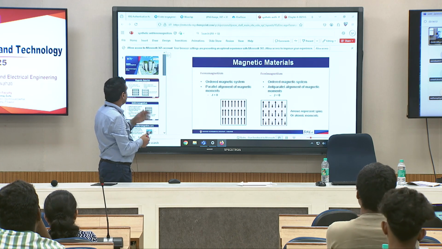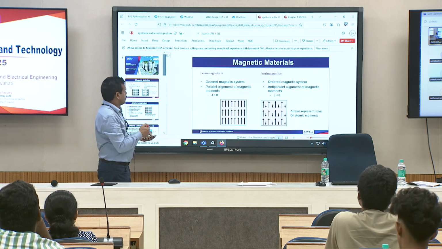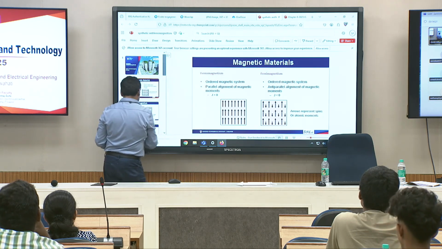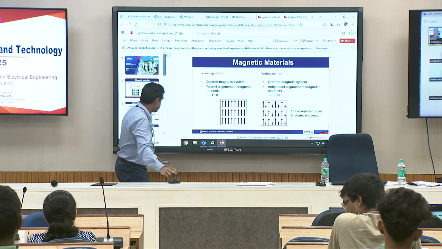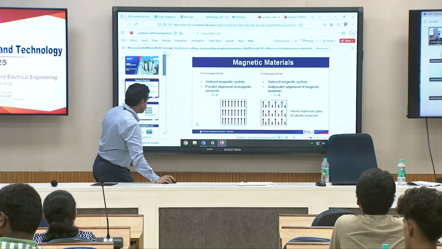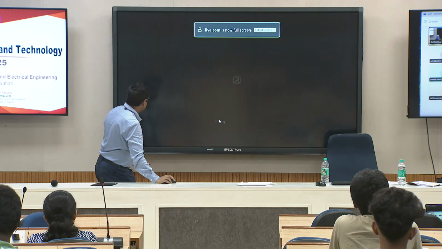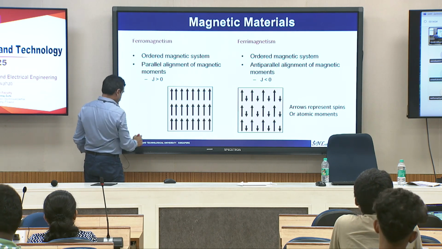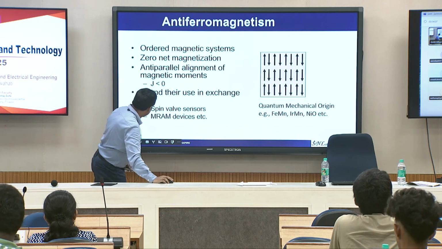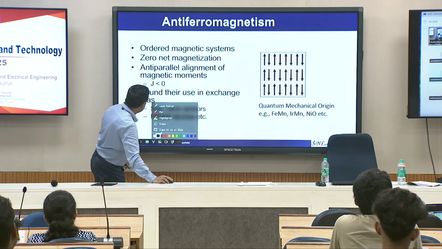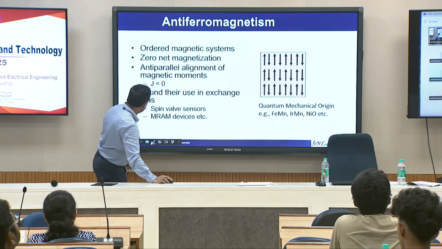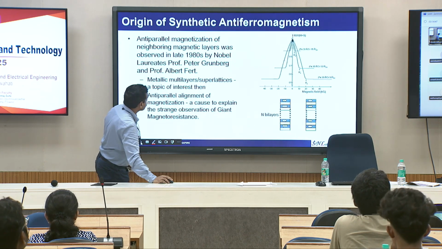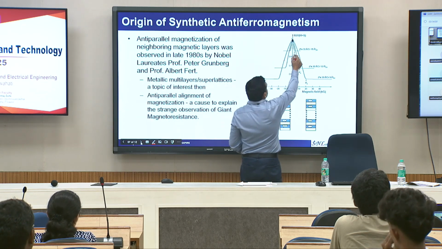Someone asked me during the GMR why, with chromium, different chromium layer thickness. If you remember the GMR curves, they are saturating at different fields.